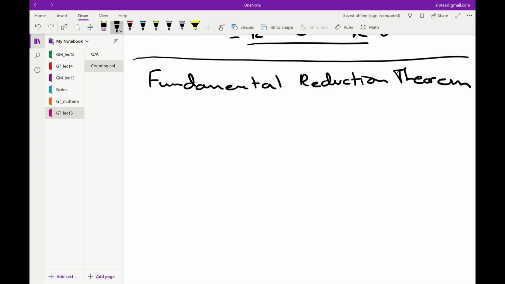And the basic idea, so let's take a look at what it actually is. So we're going to refer to the chromatic polynomial now just as the chromatic polynomial, now that we know what it is and what it means.